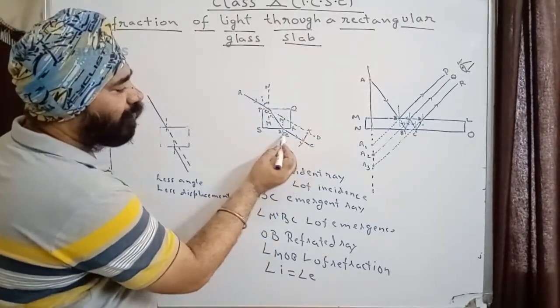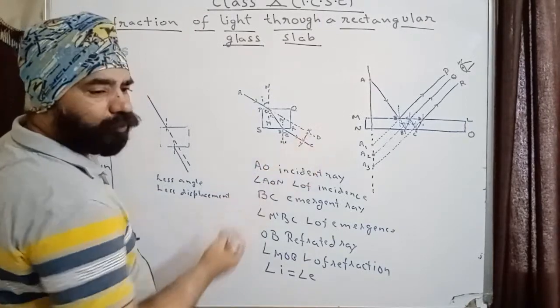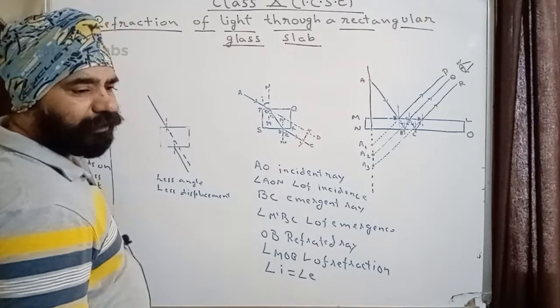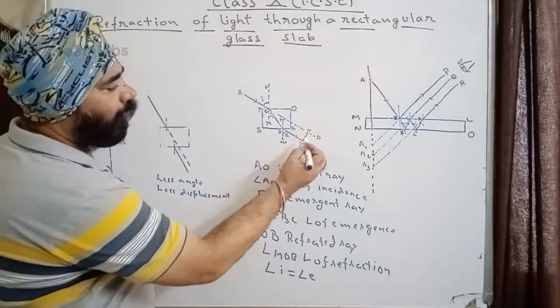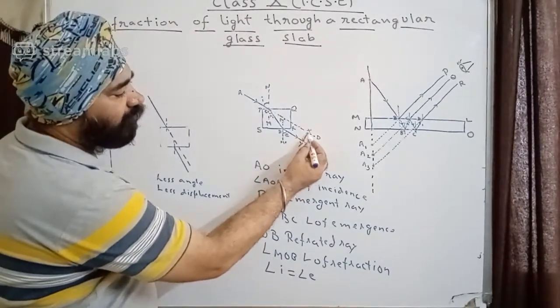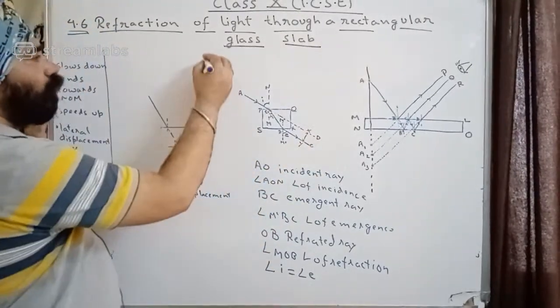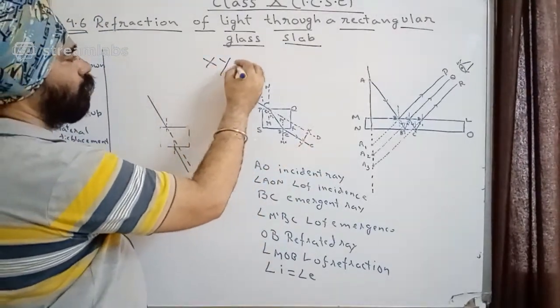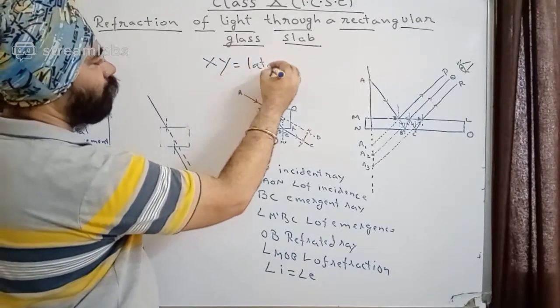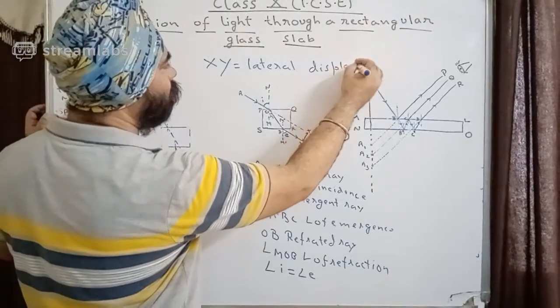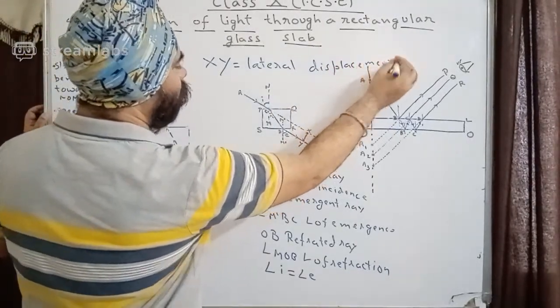That my emergent ray BC is parallel to the incident ray. And if I draw a perpendicular between them, then this XY is known as lateral displacement. Clear?